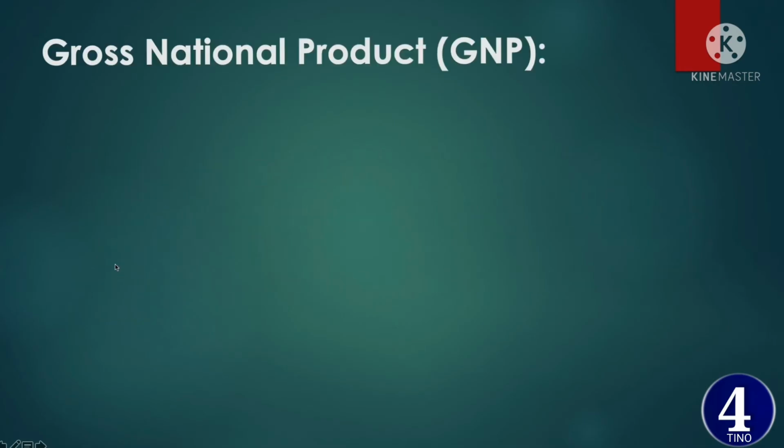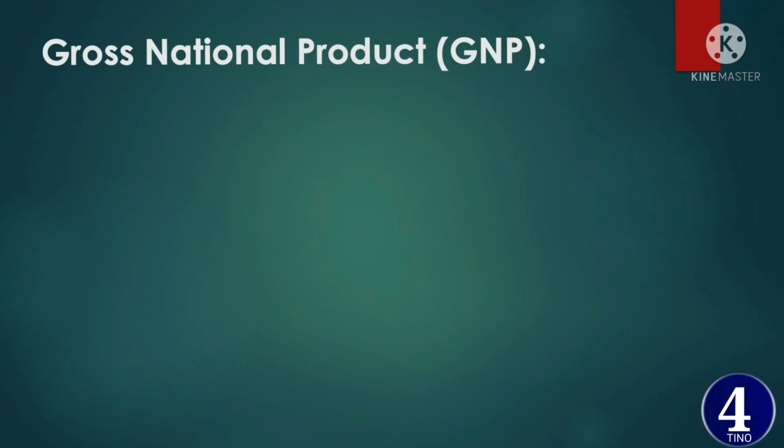Then let's go to the concept of GNP, which measures output produced by domestically owned resources. When we say domestically owned resources, it means by the citizens or by resources owned by a given country, irrespective of their geographical location.